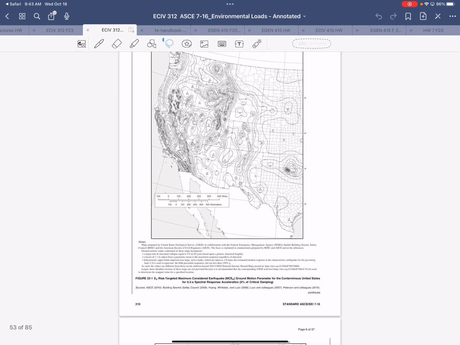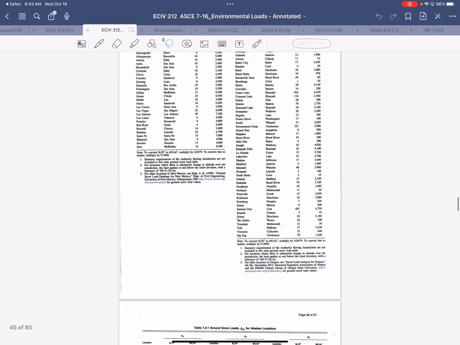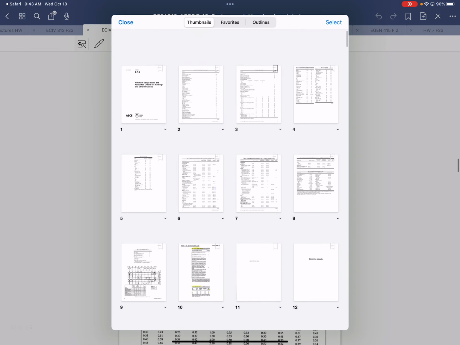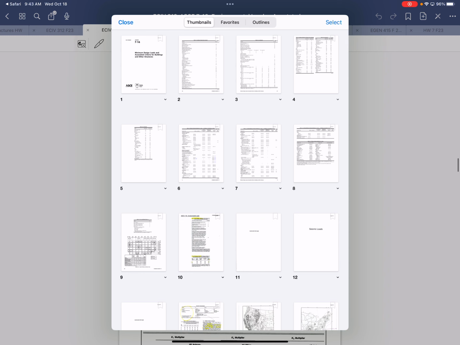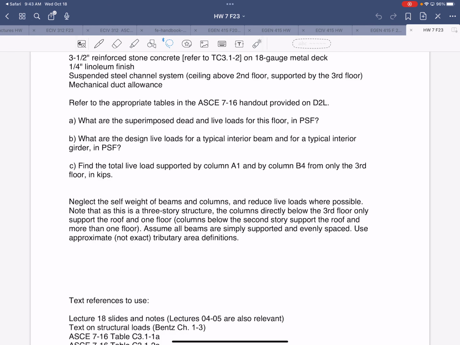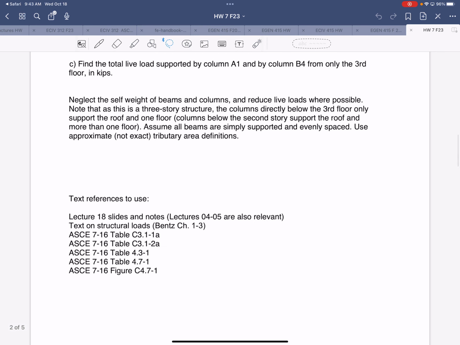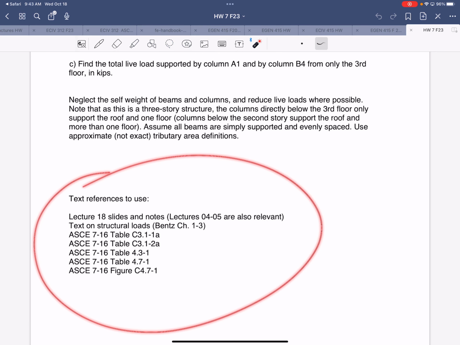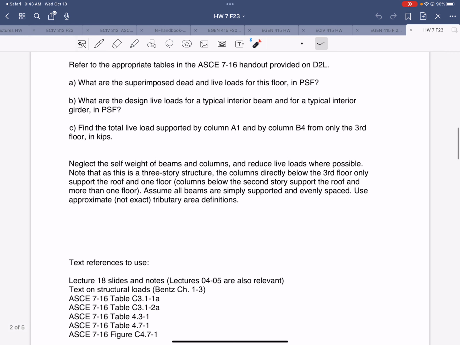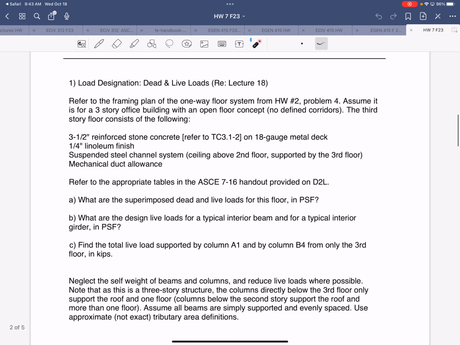So let's see, do I have those dead and live load ones in here? I do. All right, so one thing I wanted to point out, right at the bottom here, I give you the tables that are relevant to the problem, as well as which lecture and text chapters are relevant to the problem. So use your references.